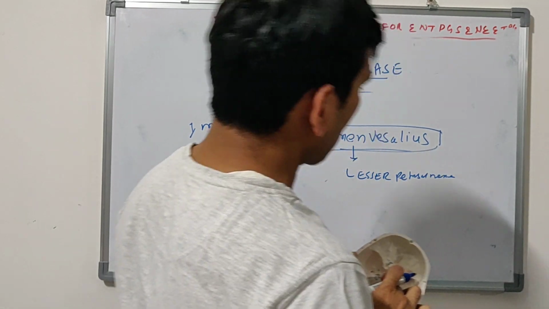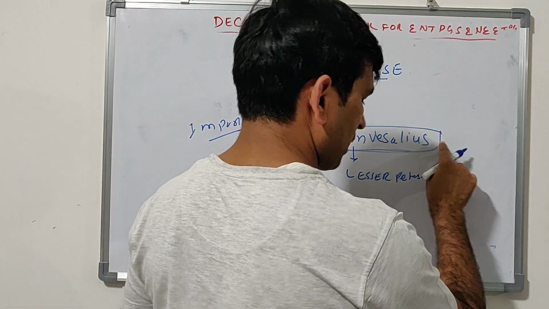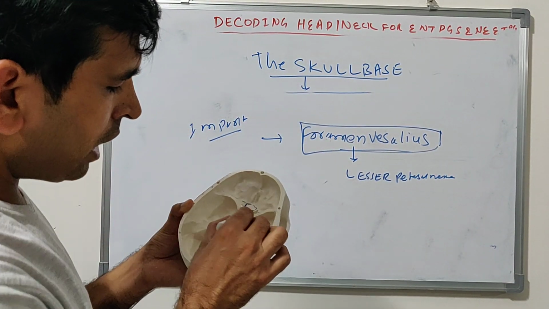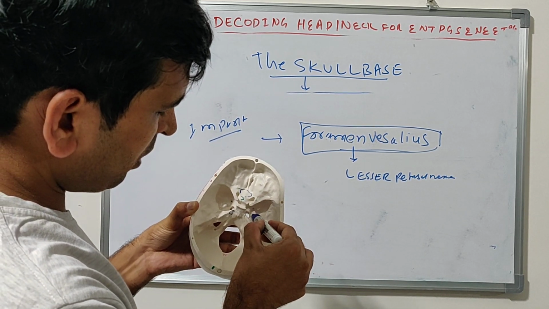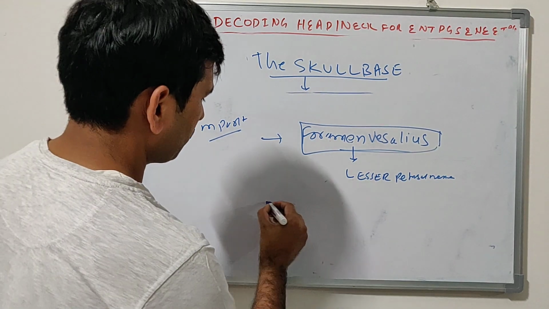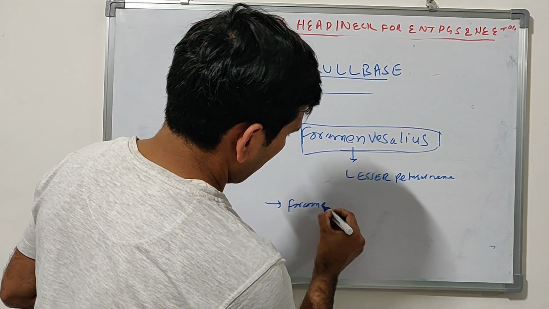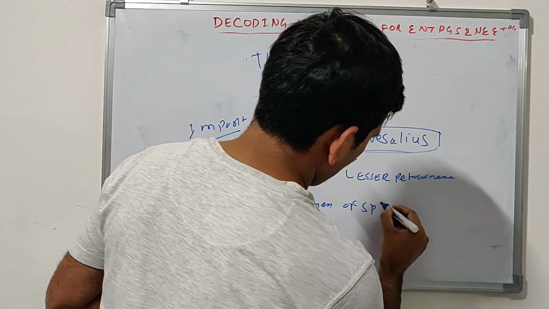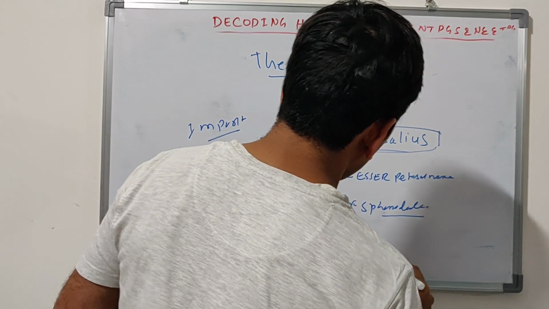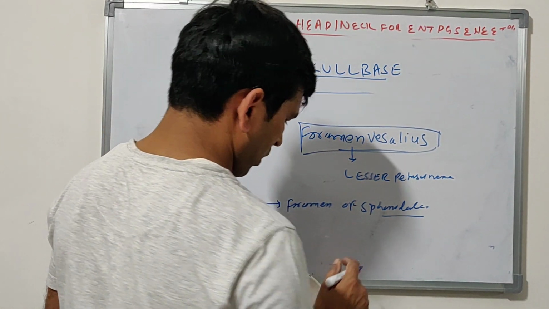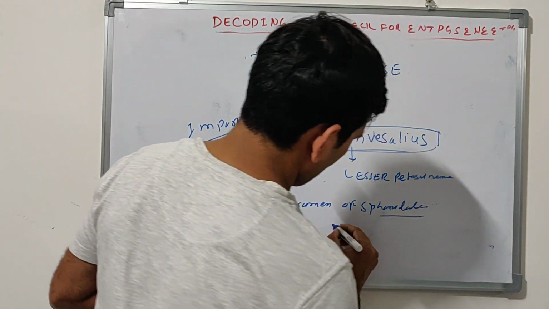Then this nerve is not passing through foramen ovale; it passes through this foramen if present. Now another foramen, in between foramen lacerum and ovale, is called the foramen of Vesalius, the emissary sphenoidal foramen.